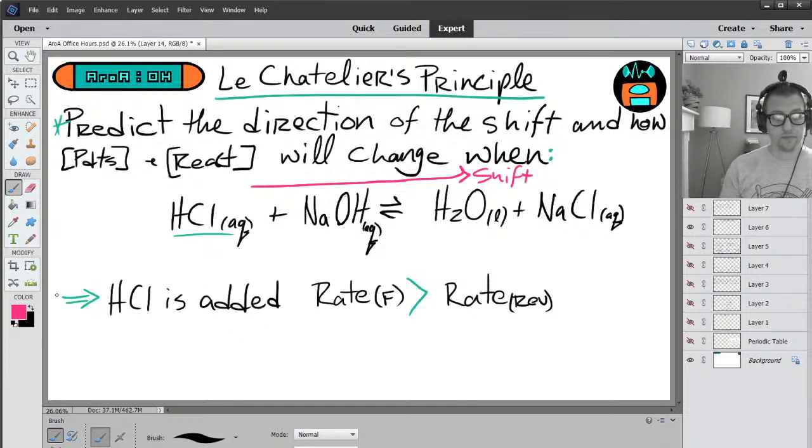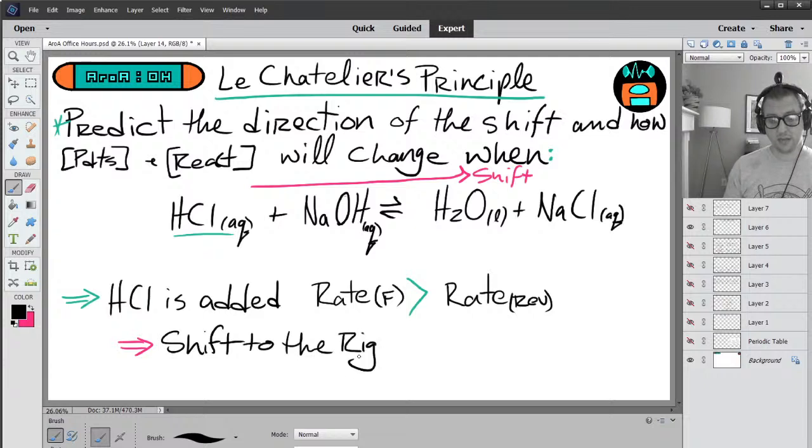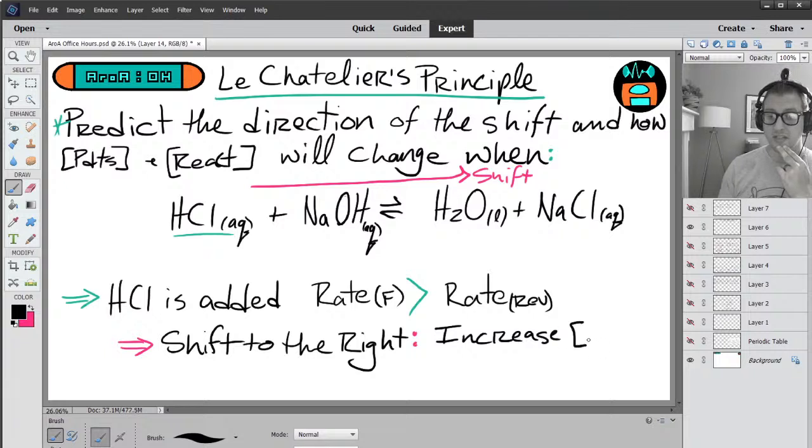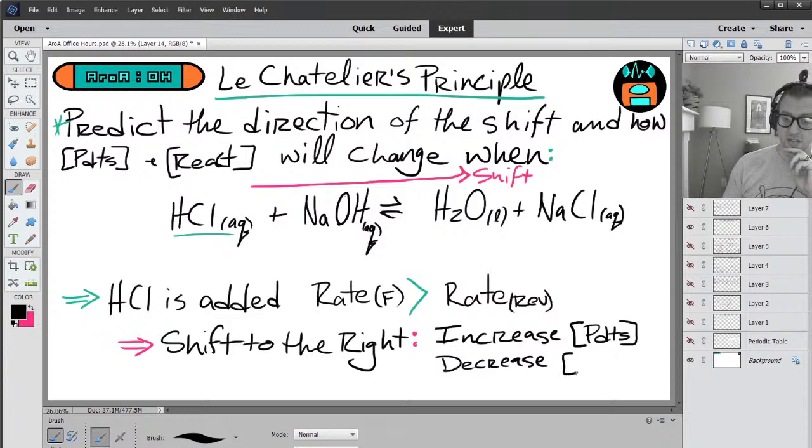All right, so we are going to see this equilibrium shift to the right, which is going to result in an increase in the concentration of our products and a decrease in the concentration of our reactants.